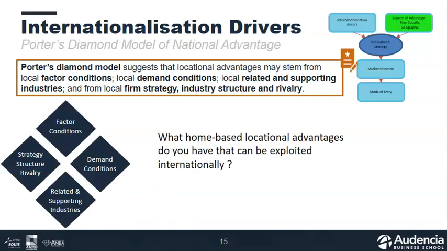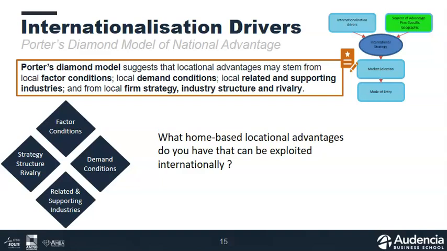We're going to dive into these different aspects. Bear in mind, the idea is for us to understand, if you are an organization, what type of advantages can you expect to have from your home country, and how can these be exploited internationally?